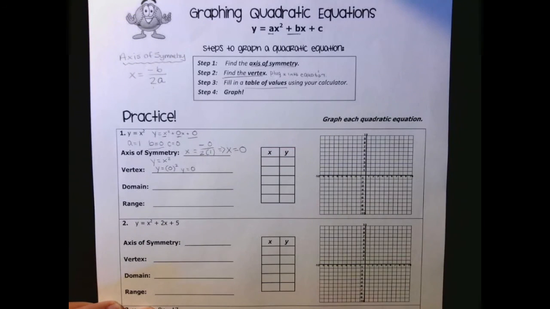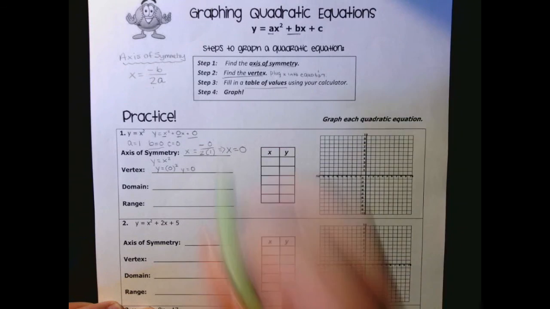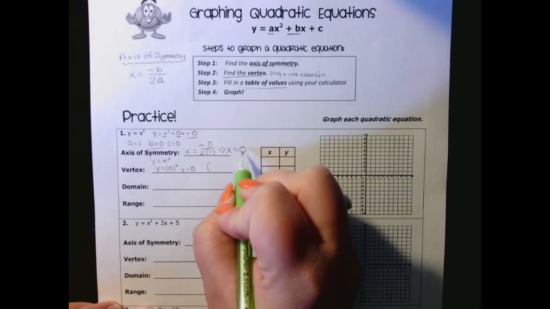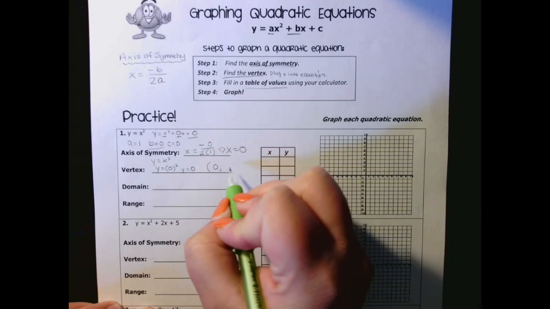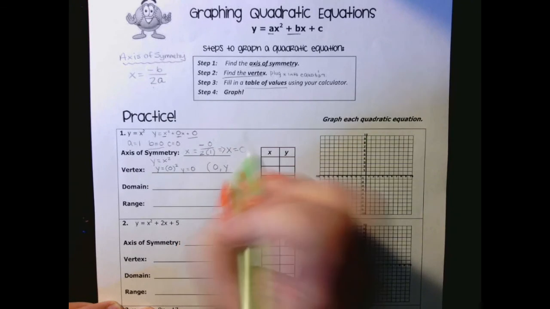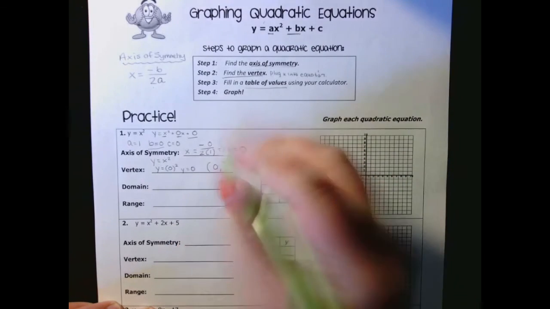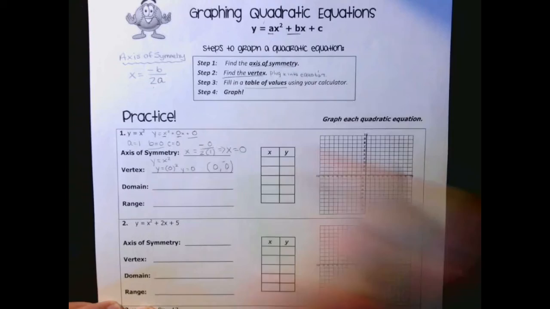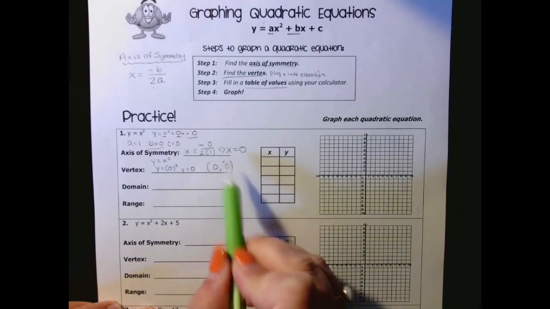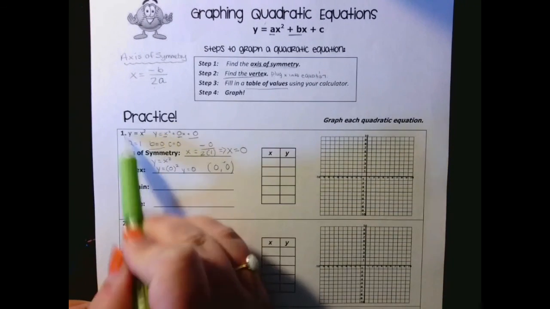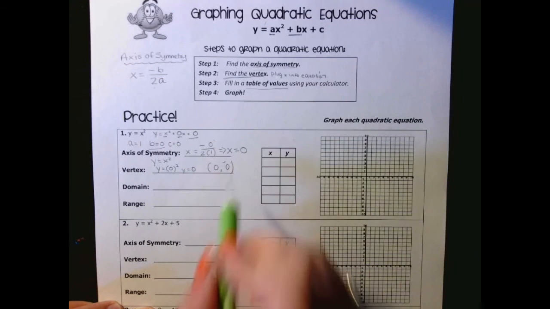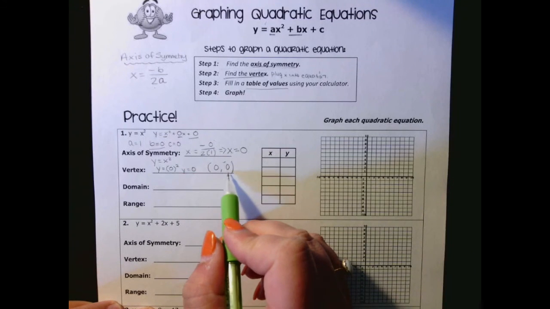And when I write my vertex, I'm going to write it as an ordered pair. X, which was 0, comma, y, which was also 0. So the vertex of this parabola, or of this quadratic equation, is going to be at 0, 0. Okay?